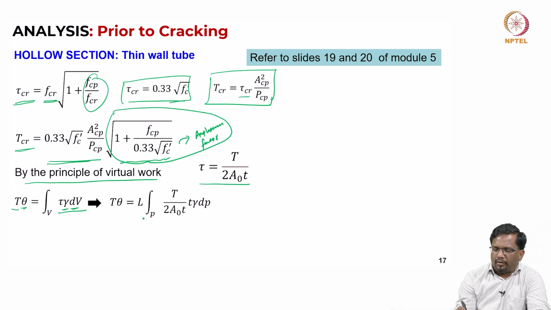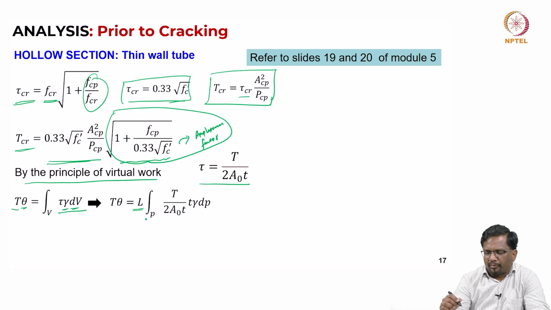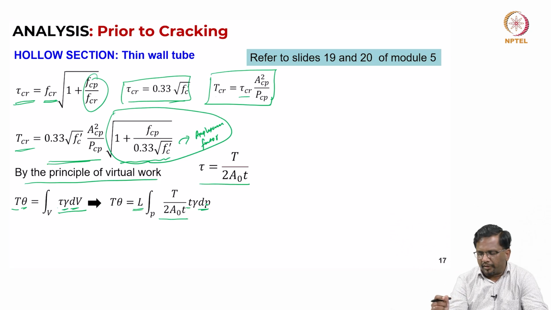Now, again you see here, we can take the volume element, let us say that it is subjected to pure torsion. So, L can be taken out and we are doing integration only for the perimeter. Now, shear stress is T by 2 A naught into t, and the dV is going to be thickness multiplied by the perimeter over which I am integrating, right.